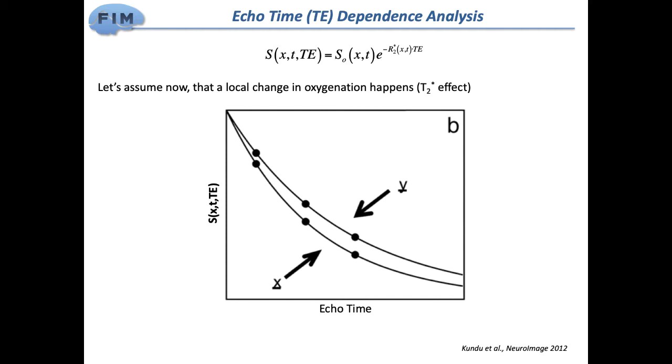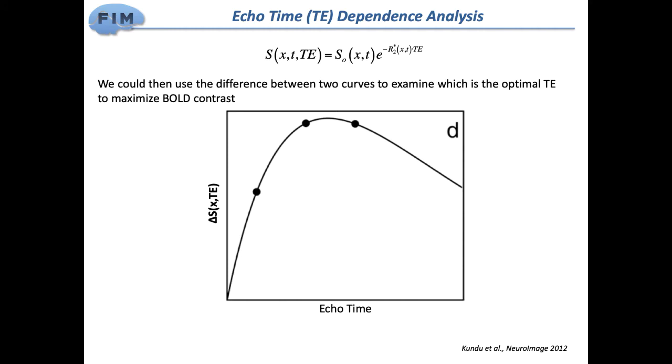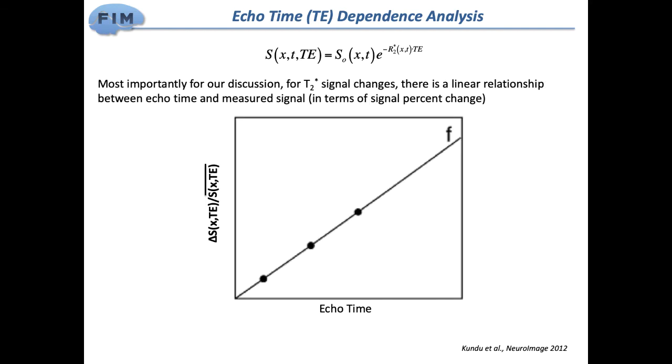Instead of looking at these two curves separately, we can just look at their difference, and this actually gives you the typical curves that are used to choose the optimal T2 echo time that you would use. But if we look at this in terms of signal percent change, we see this characteristic, which is key for what Dan is going to talk about. And it's this idea that for fluctuations that are related to R2 star, they have a linear dependence with echo time. And we're going to take advantage of that principle.